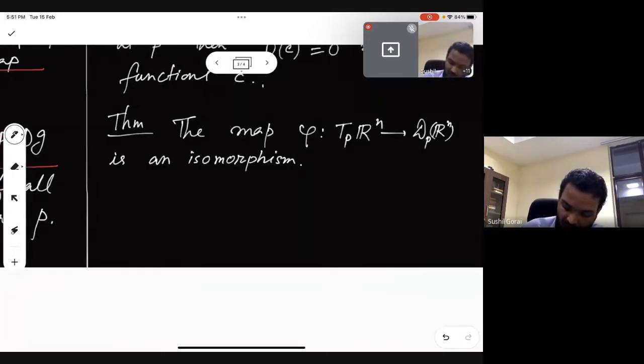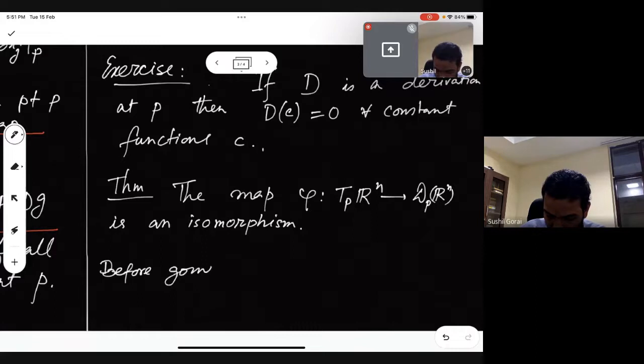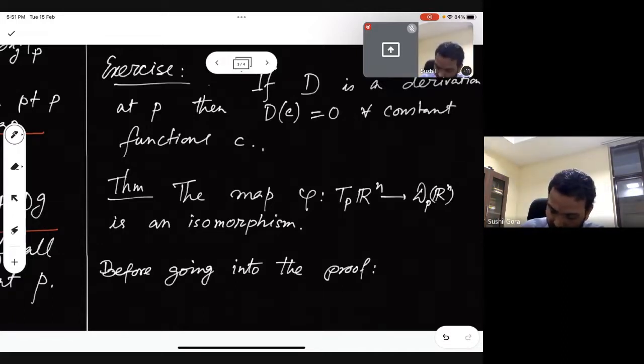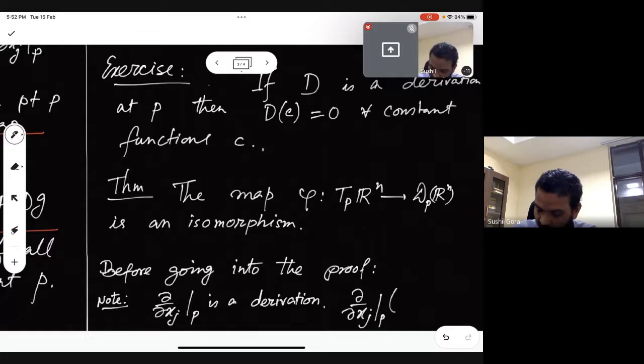So before going into the proof, maybe note that del by del xj at p is a derivation, right? And del by del xj at p applied on a function, let's say xk, what is it?